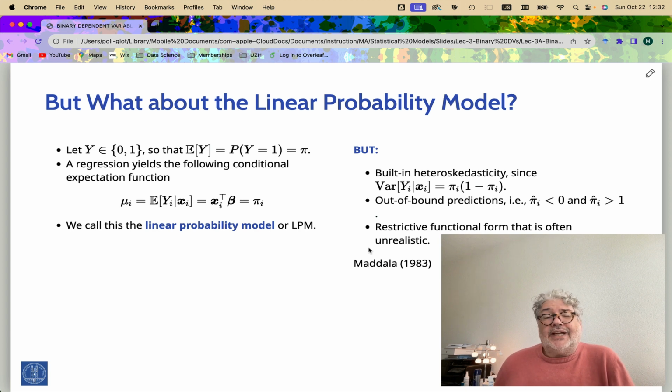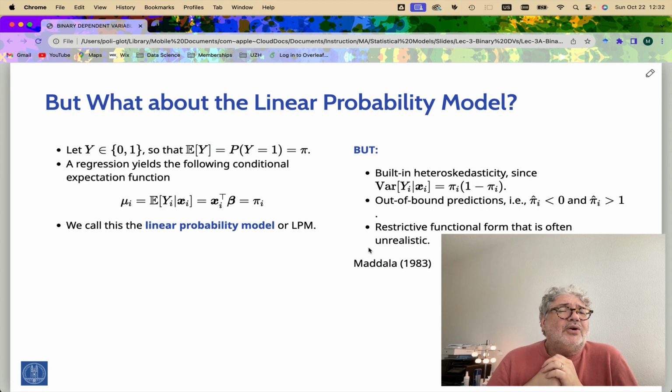And of course, in a regression model, the conditional expectation function of y given x would be equal to x transpose beta, so we could just equate that to this pi, which is anyway the mean of a binary dependent variable that takes on values 0 and 1. And that is the linear probability model.